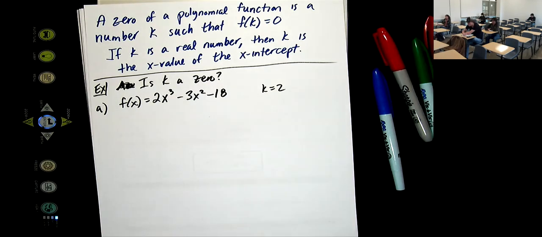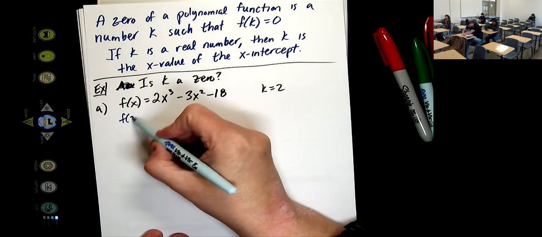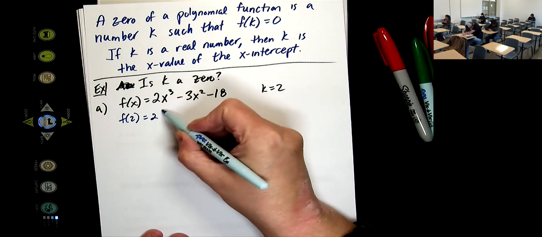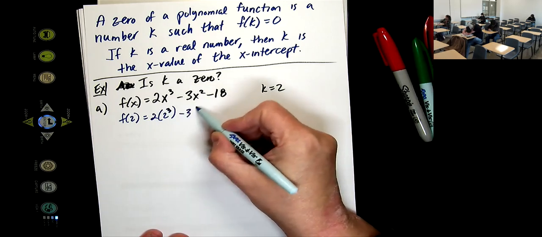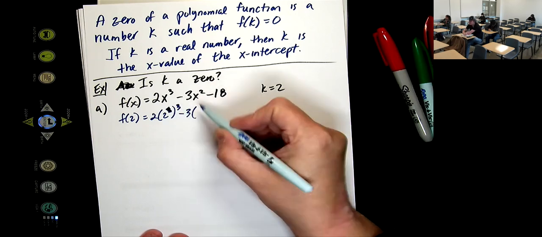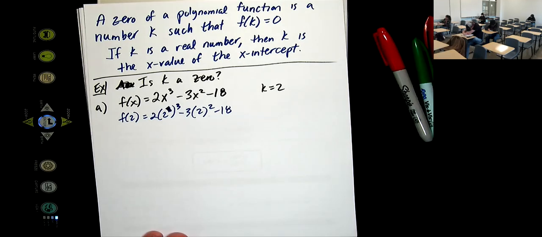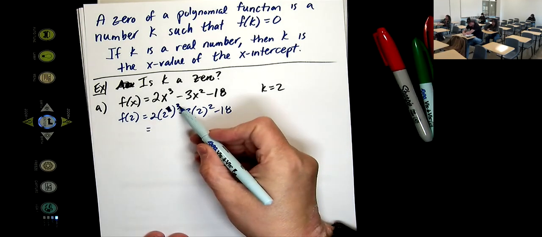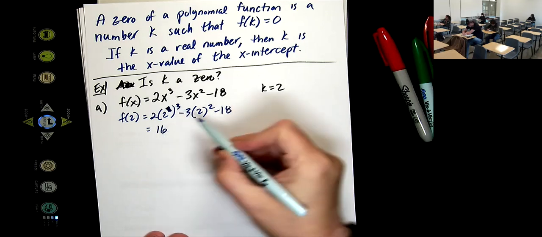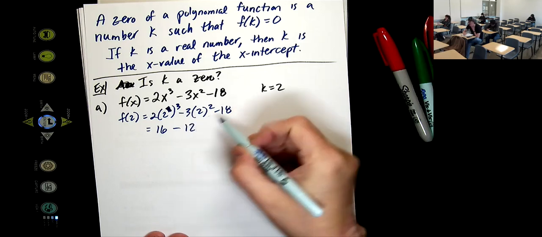If I plug in f of 2, 2 cubed is 8 times 2 is 16. 2 squared is 4 times 3 is 12.